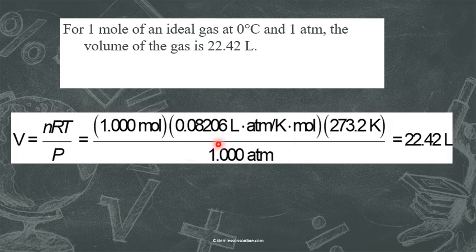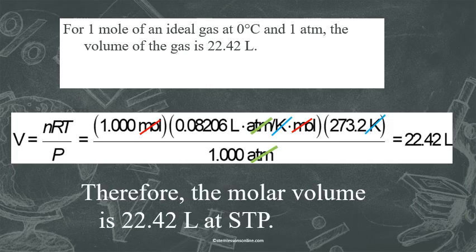So at STP, 1 mole of any gas, irrespective of the gas, will have a volume of 22.42 liter to be accurate, but we will just round that to 22.4 liters. That's how that 22.4 is coming from. So the units are cancelling. Therefore the molar volume is 22.4 liter at STP, standard temperature and pressure.